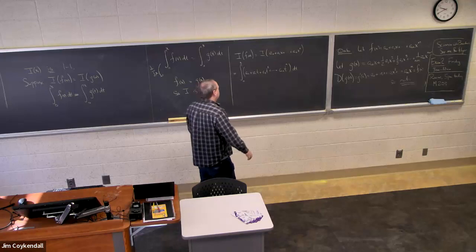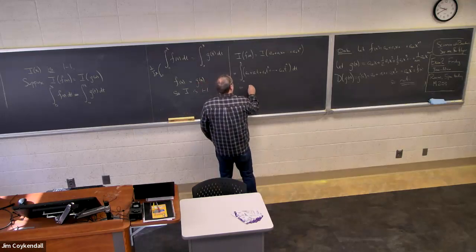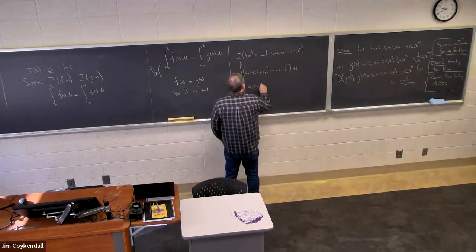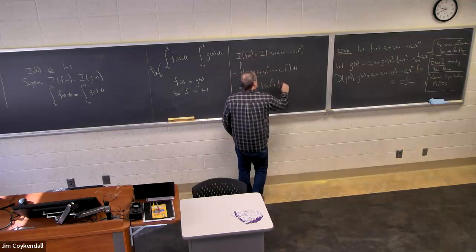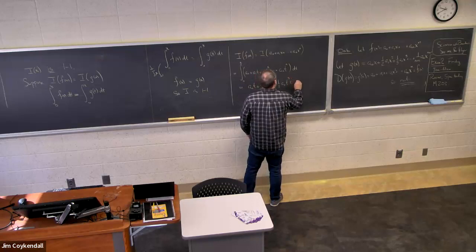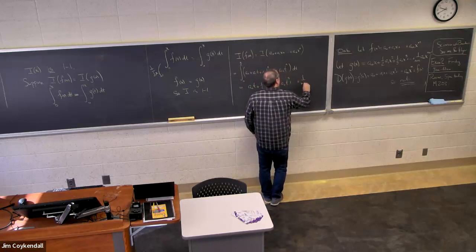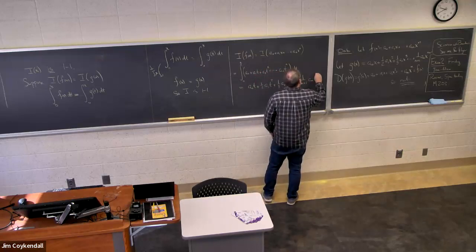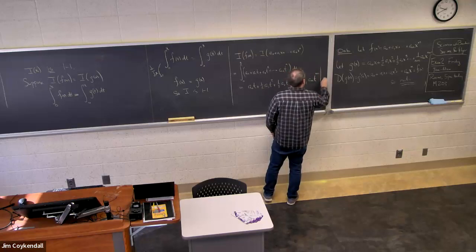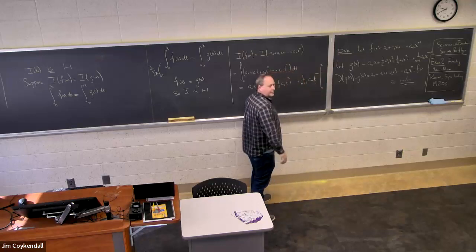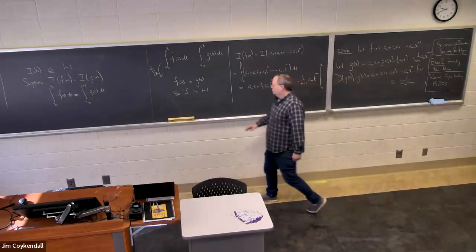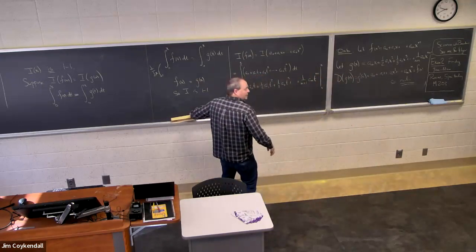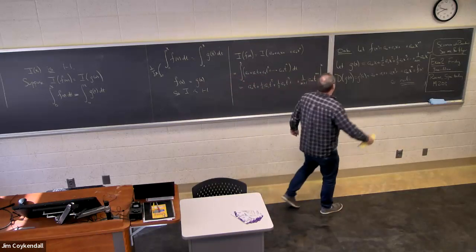Let's go through the work that we did last time. This is a0t plus 1/2 a1t squared plus 1/3 a2t cubed, up to 1 over n plus 1, a_n t to the n plus 1, evaluated from 0 to x. So let's plug in x for this.